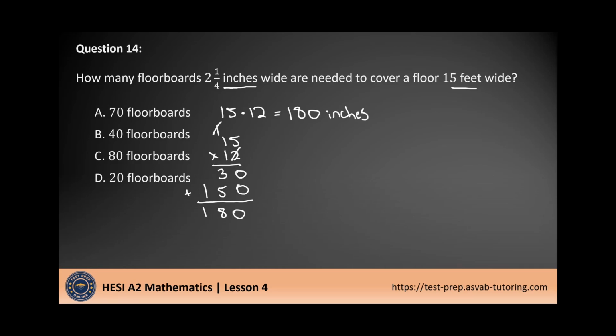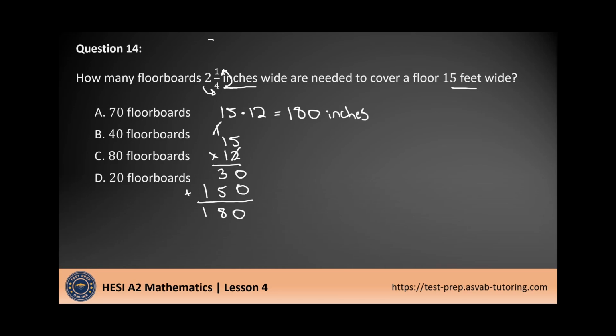Now we're asking how many floorboards, which are 2¼ inches wide, would need to cover all of that 180 inches. So like before, we're going to want to turn our mixed number, that 2 1/4, into an improper fraction, just because improper fractions are typically easier to work with, especially when we're talking about multiplication and division. So we'll do 2 times 4 is 8. 8 plus 1 is 9.